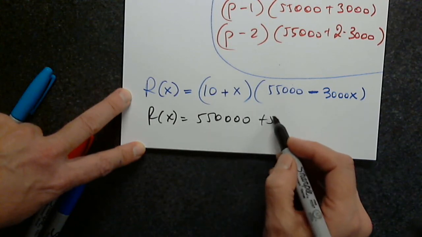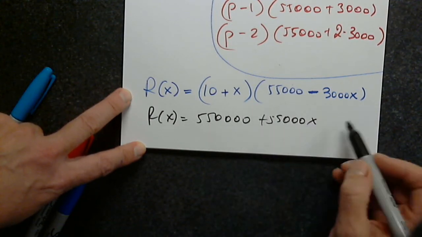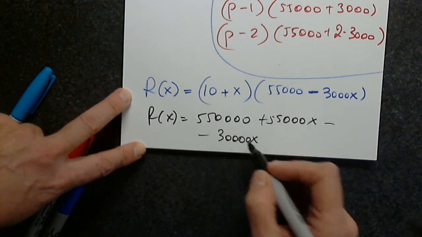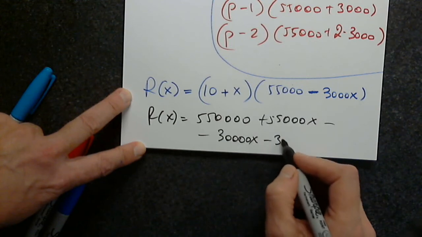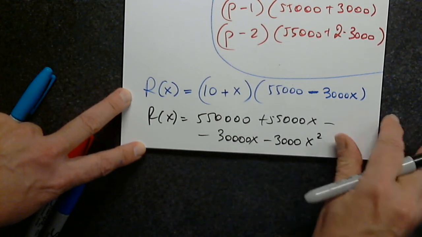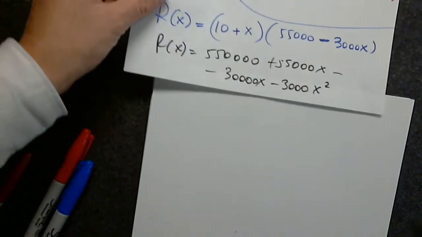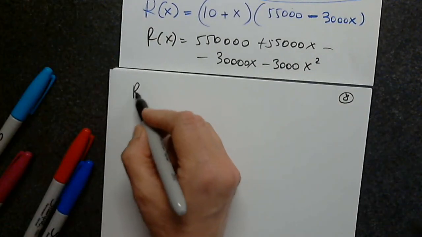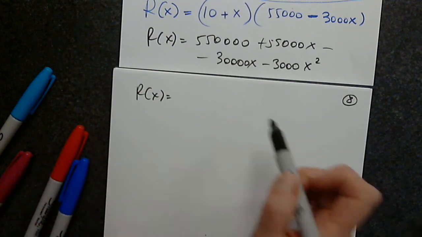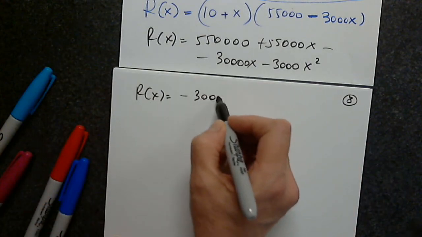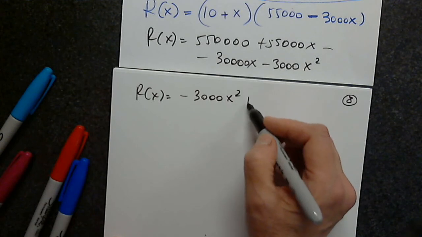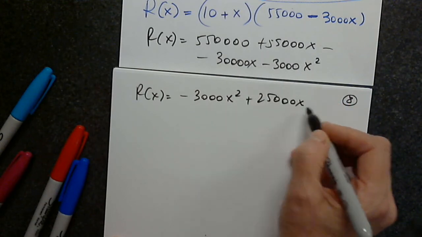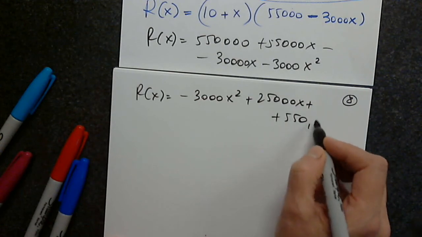Okay, so 550,000 plus 55,000x minus 30,000x, minus 3,000x squared. Okay, let's see what happens next. We combine like terms, and in descending order: negative 3,000x squared, plus, I think it's 25,000x, and plus 550,000.